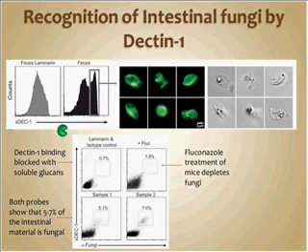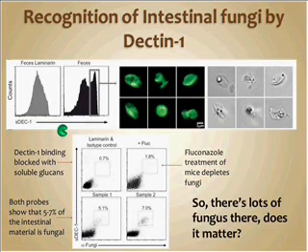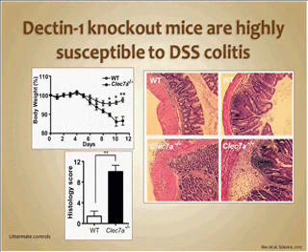I'm convinced that at least Dectin-1 is an innate immune receptor that can recognize the kinds of fungi that we see in the gut. And so the question arises, is that then anything that matters? Right? So then in a mouse model of colitis, so it's DSS colitis, we looked at whether there was any effect of lacking Dectin-1 on severity of colitis.